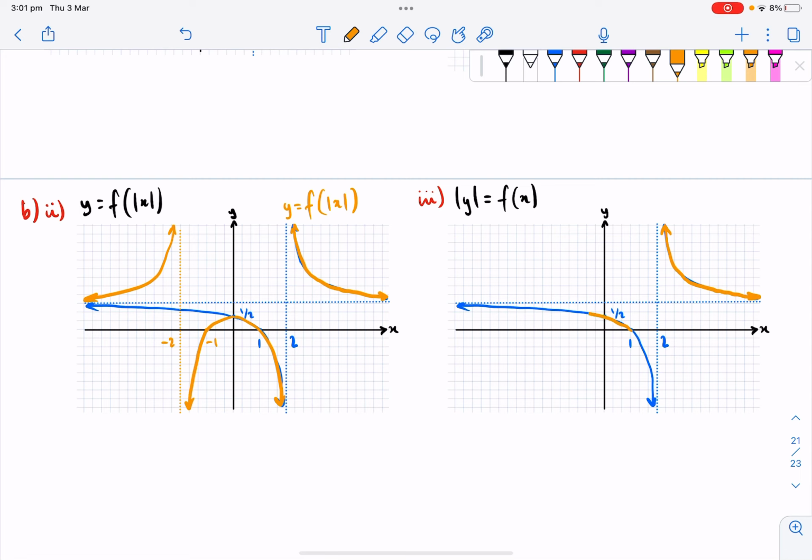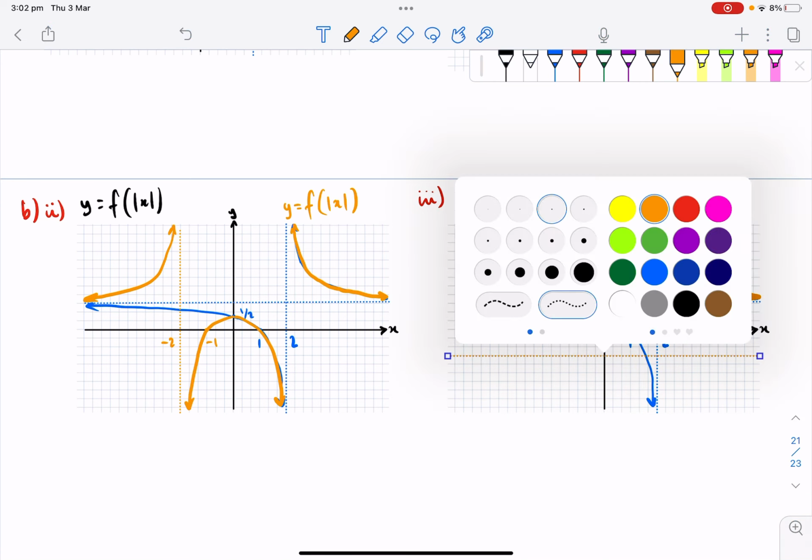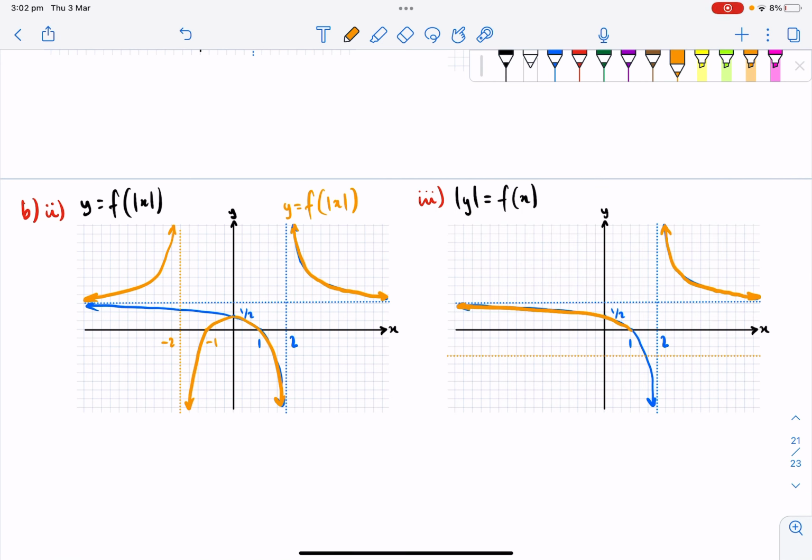We essentially delete everything that's below the x-axis. And then we reflect whatever's going on above to below. So I'm going to keep all of that. And now I have to do the difficult task of redrawing everything that's above to below.